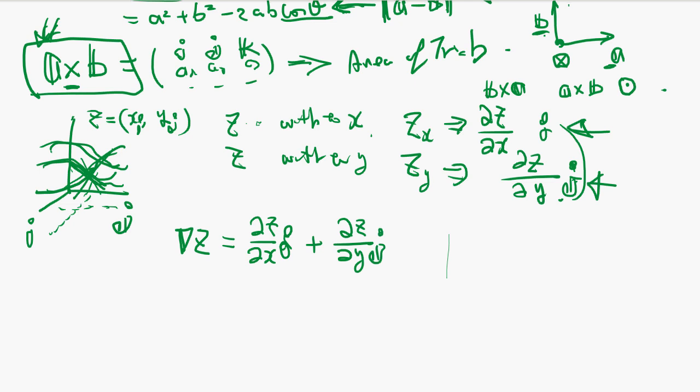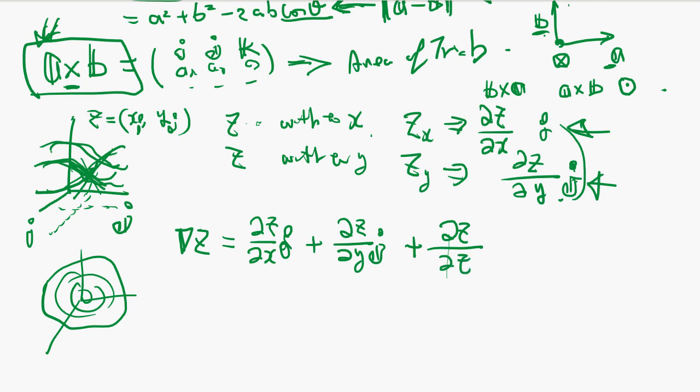And in 3D, if z is not a surface like that but, you know, a density function, you can have 3D. So this is going to be the derivative function of a multivariable function using a vector.